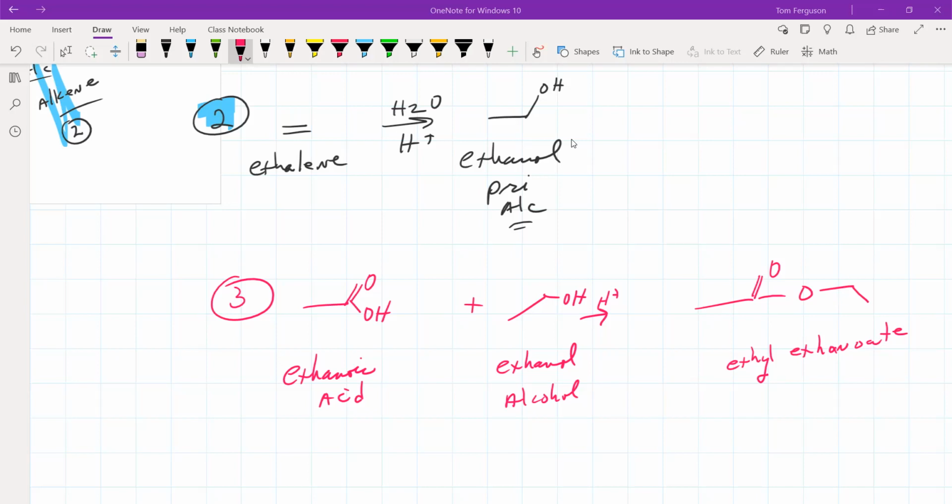Okay. But the problems in chapter 17, let me check real fast, are not multi-step.